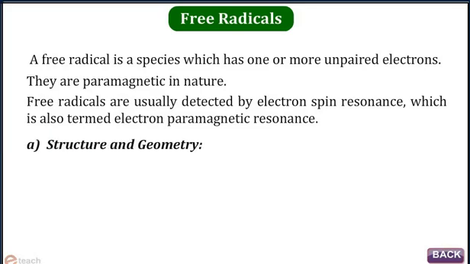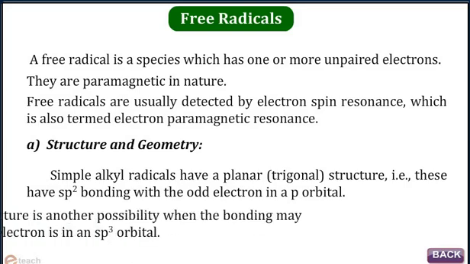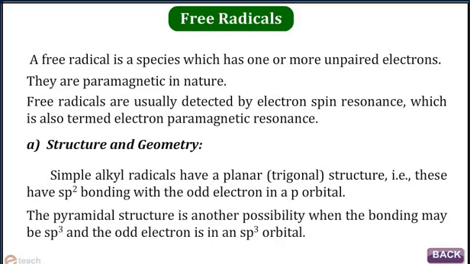Structure and geometry. Simple alkyl radicals have a planar trigonal structure. That is, these have sp2 bonding with the odd electron in a p orbital. The pyramidal structure is another possibility, where the bonding may be sp3 and the odd electron is in an sp3 orbital.